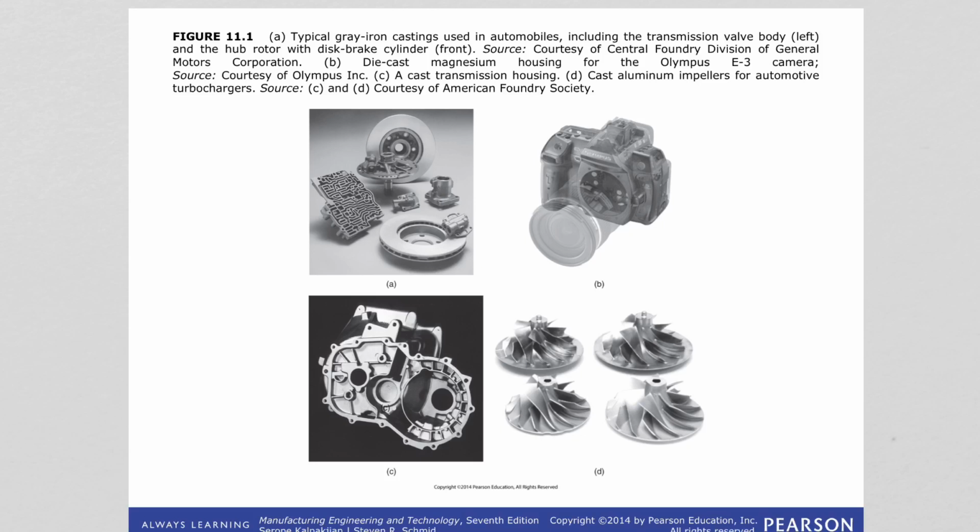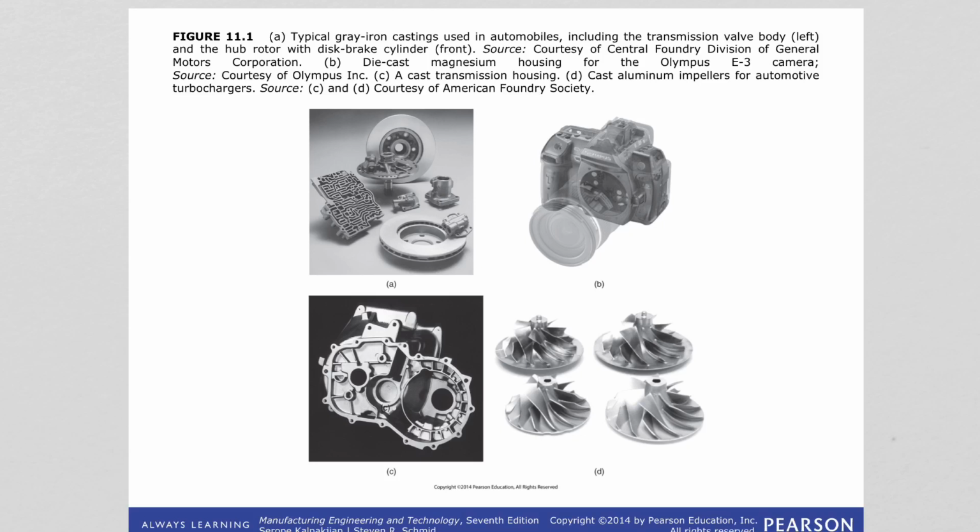Okay, so in these images, in image A, we are seeing typical gray iron casting that is used in automobiles, like transmission valve body and the hub rotor with disc brake cylinder. In image B, we are seeing die cast magnesium housing for a camera.